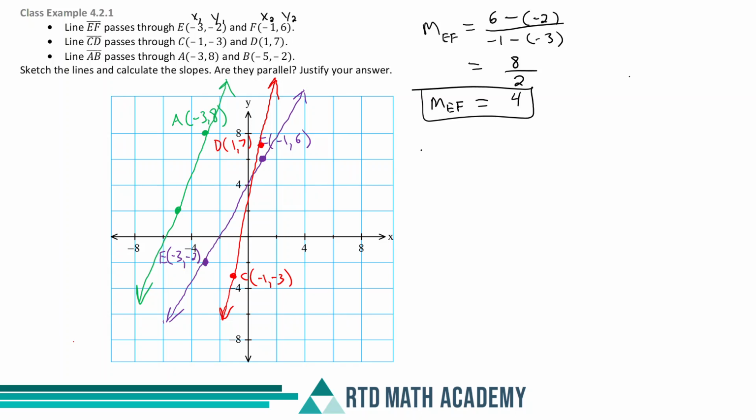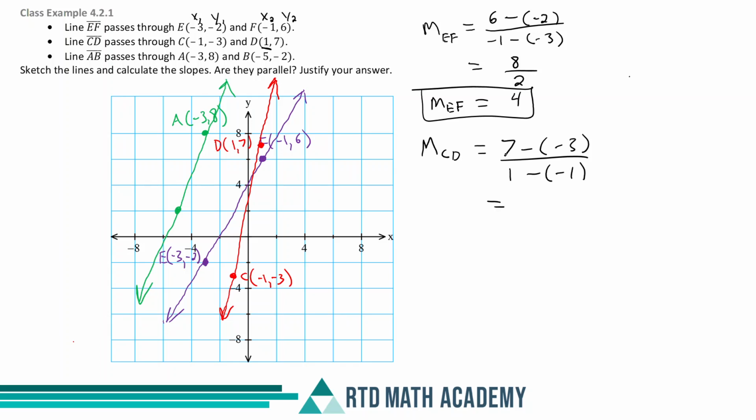Now let's look at the slope of CD. So CD was, so y2 was 7, y1 was -3, so minus -3, over x2 was 1, right, just looking at this guy, and then x1 was -1, so minus -1.